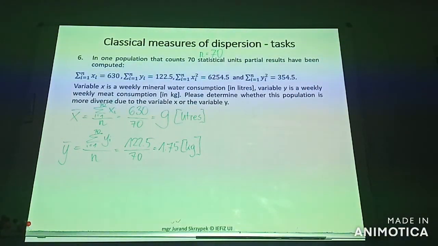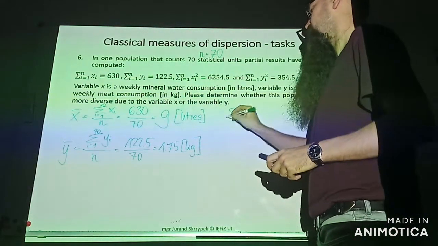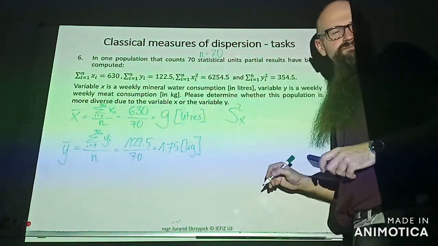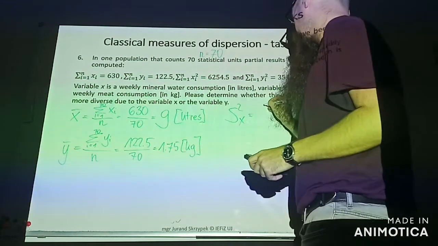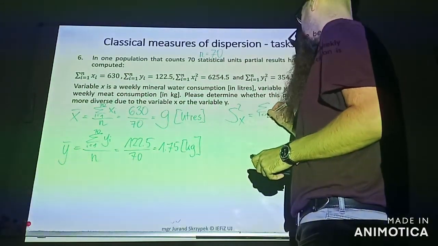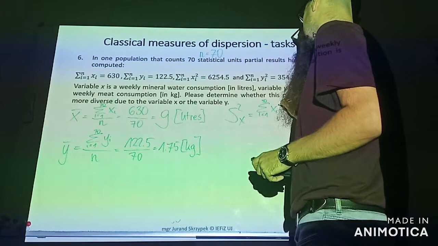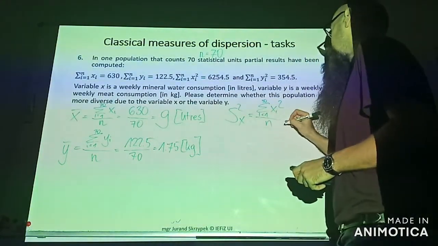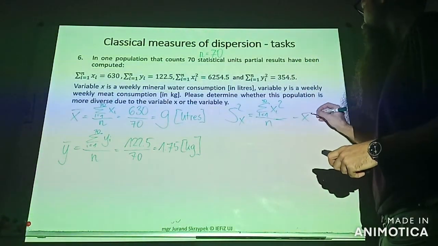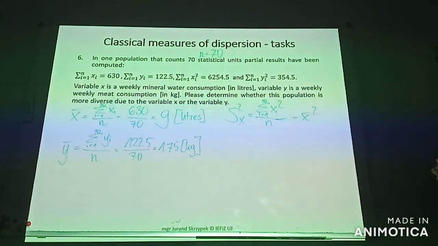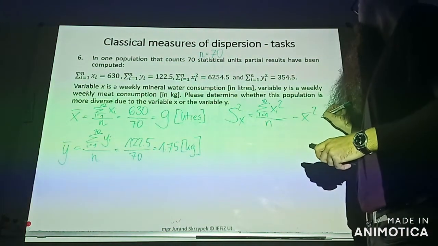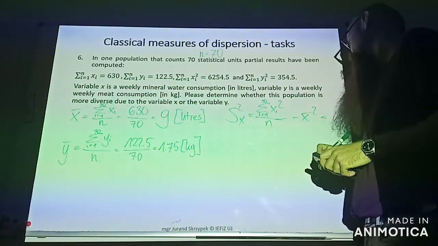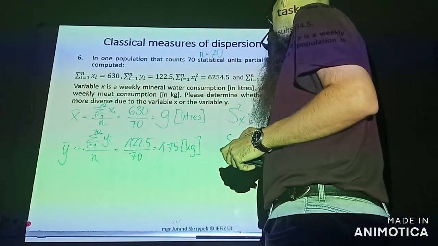Yes, the variance, of course, the alternative formula for variance: the sum from i equal 1 up to n of xi squared divided by n, minus the arithmetic mean of x squared.